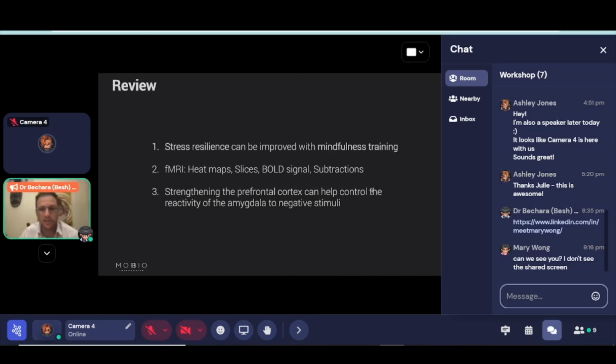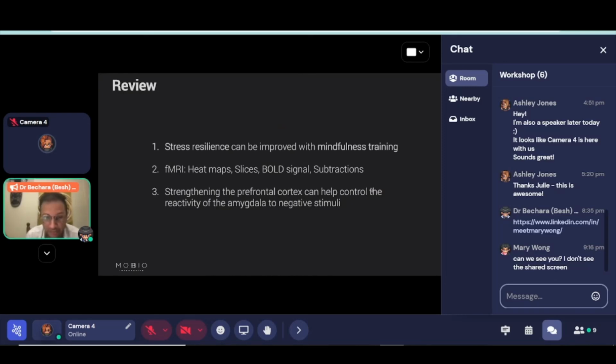But just a quick review. Number one, stress resilience can be improved with mindfulness training. That is a fact, at this point in history, from the body of research being done. Two, we learned about some important things of fMRI: heat maps, slices, BOLD signal, and subtractions.